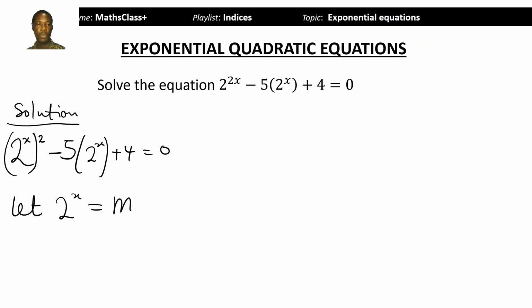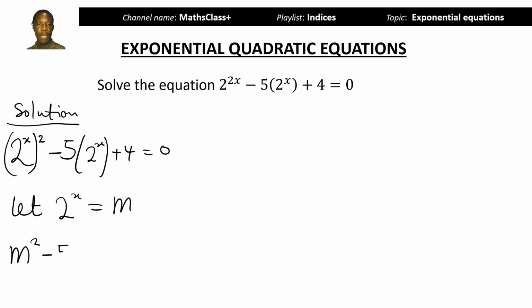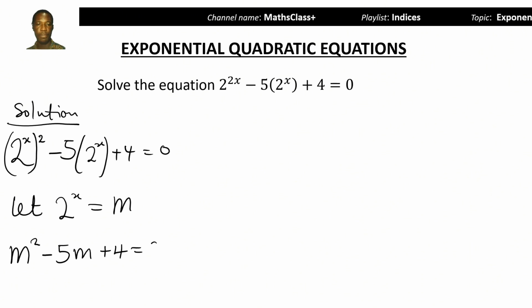And then our equation now becomes m squared minus 5m plus 4 is equal to 0. That is, in place of 2 to the power x, we have put m. And the same thing on this side also, giving us this new equation that we have formed.